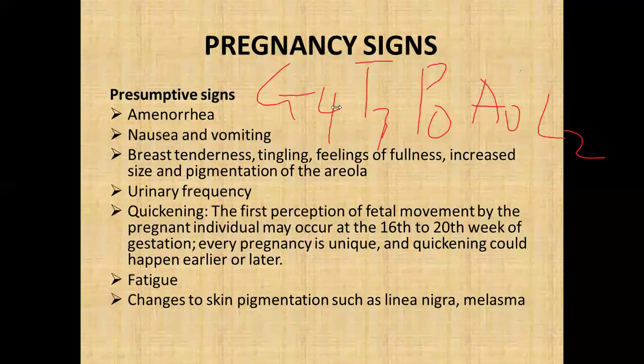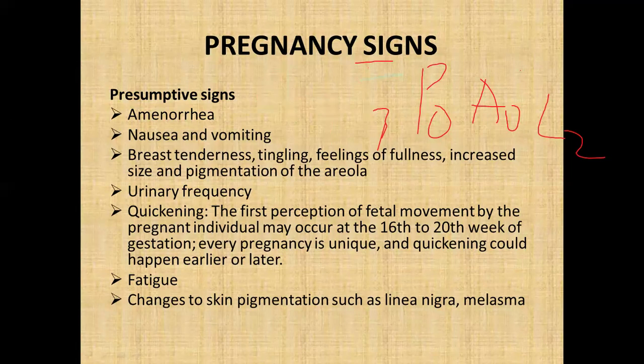And then another trick too, when it comes to parity. We only determine parity after you have known the state of the pregnancy. So let me bring in another confusion. I hope you understand what I said parity is.